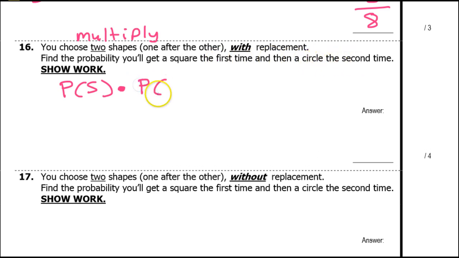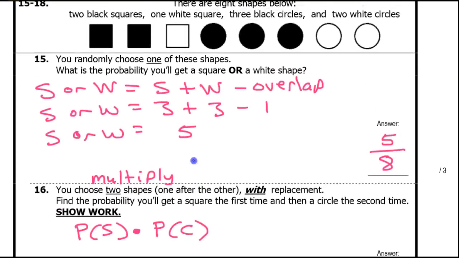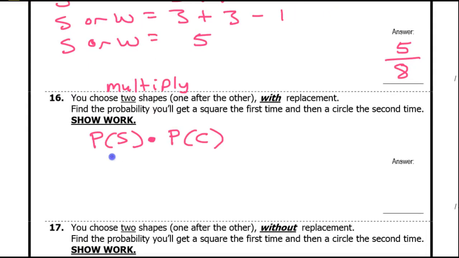Alright, so probability of circle the second time. So what's the probability of getting a square? Well, target over total, there are 3 squares, there's a total of 8 shapes, so that's going to be 3 out of 8.